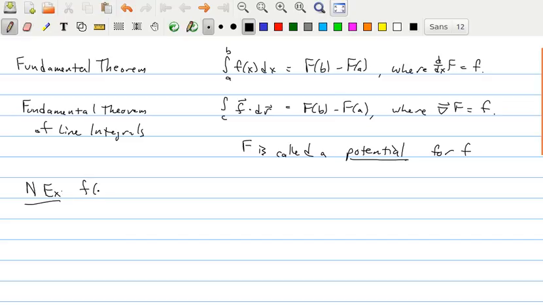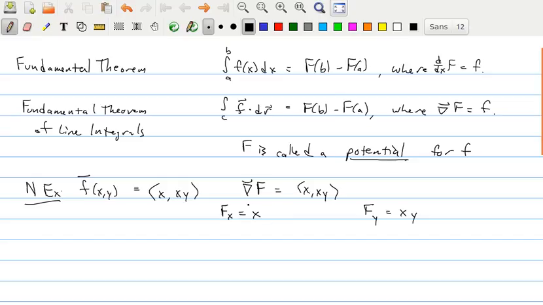Let's say we have F of x, y is equal to (x, y). To determine whether or not this has a potential function, suppose it does. If this has a potential function, that means the gradient of that function has got to equal (x, y). And the gradient of f means the partial of f with respect to x has to equal the first component, and the partial of f with respect to y has to equal the second component.